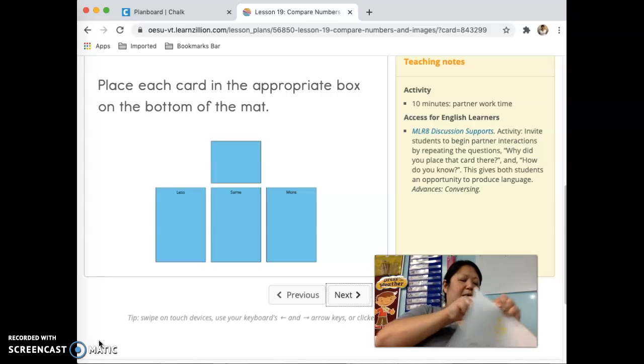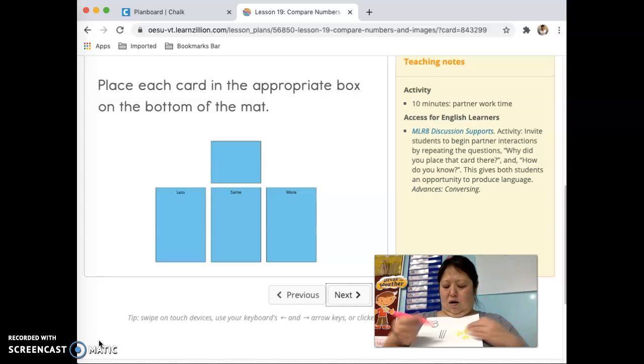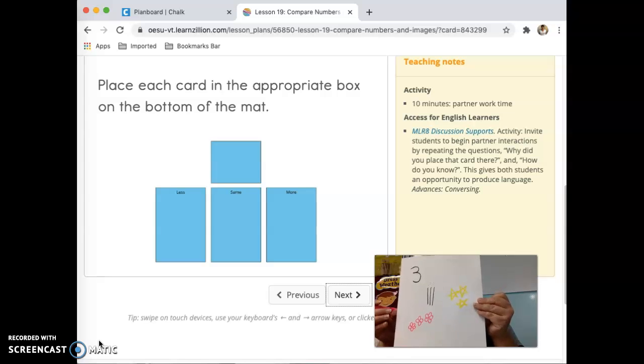I could also make a picture of 3 flowers. And then we tried to fill our paper with as many different ways to show the number 3 as we possibly could.